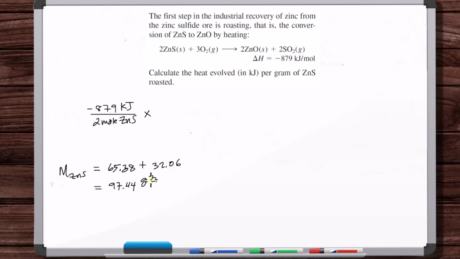Grams of zinc sulfide per mole of zinc sulfide. So for every 1 mole of zinc sulfide, there are 97.44 grams of zinc sulfide. And that's it, because they're asking us kilojoules per gram of zinc sulfide.